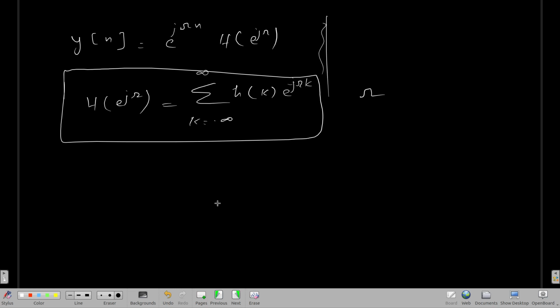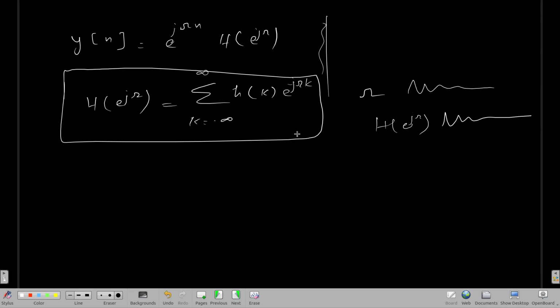And what is omega? Omega is the discrete angular frequency. That is, as omega varies, H of e to the power of j omega also varies, right? Remember, in this context this is a constant, but in the context where we are varying omega, or varying the frequency, this also varies.